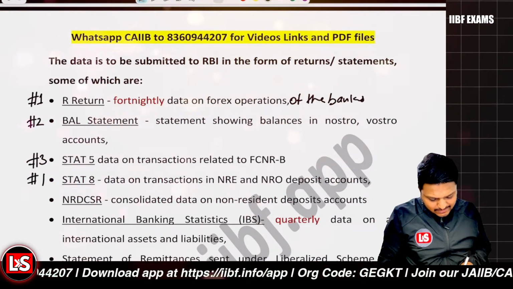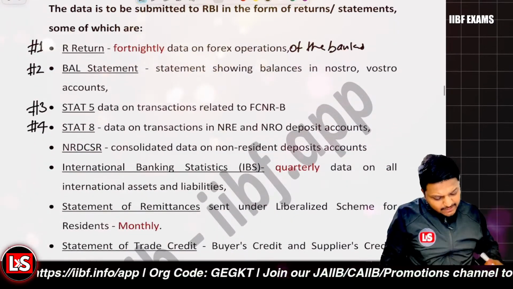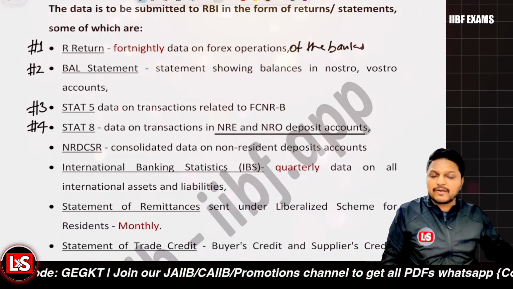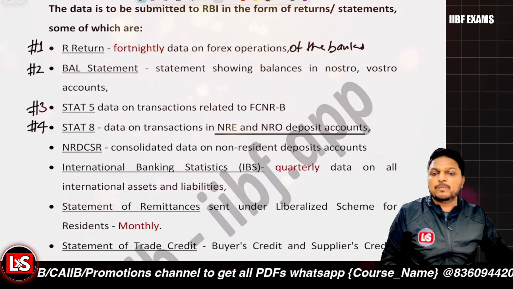Further, it's about Stat 8. Stat 8 is also a periodic return, but it's related to transactions in NRE and NRO accounts. NRE is the non-resident external rupee account and NRO is the non-resident ordinary rupee account.